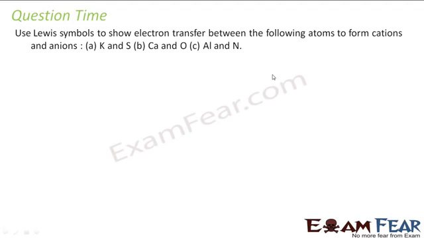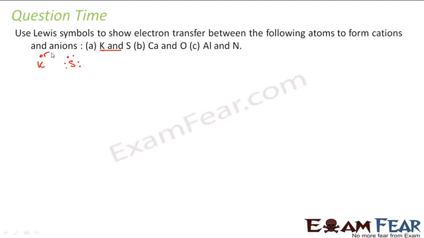So we have to use the Lewis symbols to show the transfer of electrons between the following cations and anions. So let's take the first one, potassium and sulfur. Potassium has 1 valence electron and sulfur has 6.